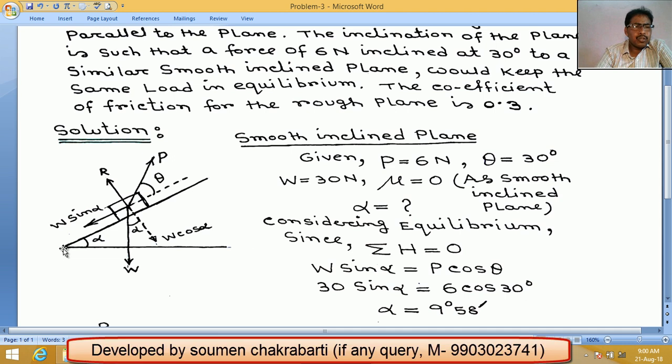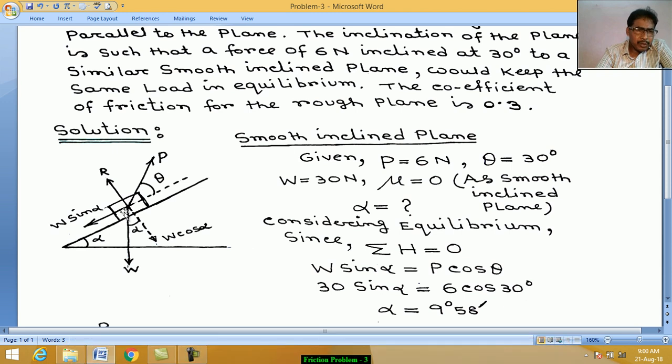This is smooth inclined plane. So in opposite direction there is no frictional force. There is only force W sin alpha.